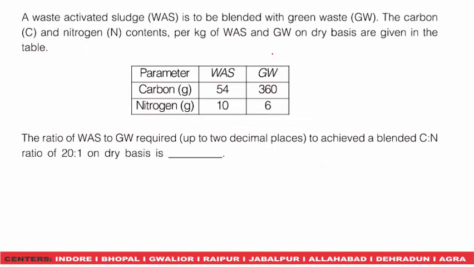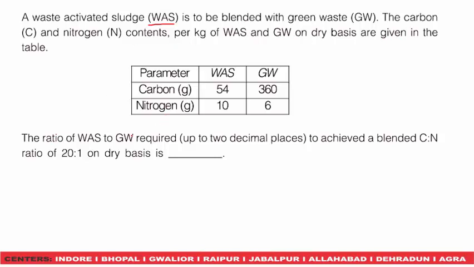The next question is, a waste activated sludge, that is WAS, is to be blended with green waste GW. The carbon and nitrogen contents per kg of WS and GW on dry basis are given in the table.